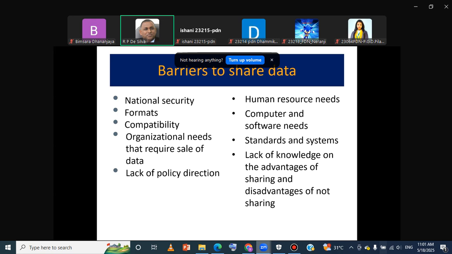Especially boundaries, data sets don't match properly. When you take one data set from one source and another data set from another source, you can't put them together.